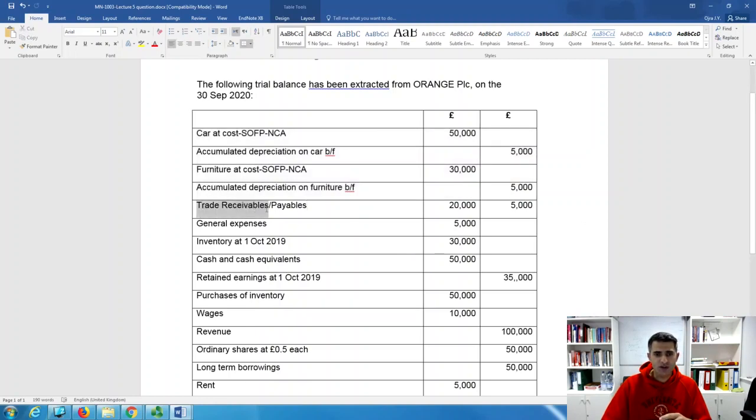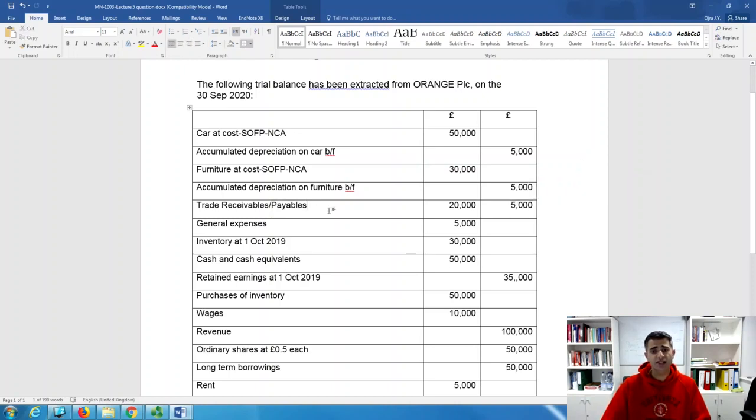Trade receivables, trade payables. Trade receivables, of course, go to the debit side here, because this is debit and this is credit, yeah? So trade receivables should be going to the debit side, 20,000, and trade payables should be going to the credit side, 5,000.